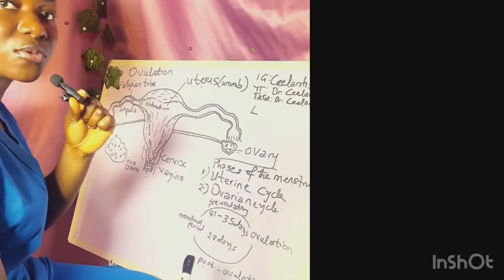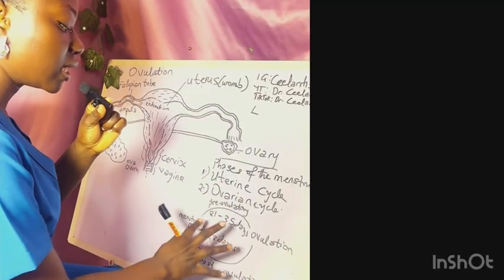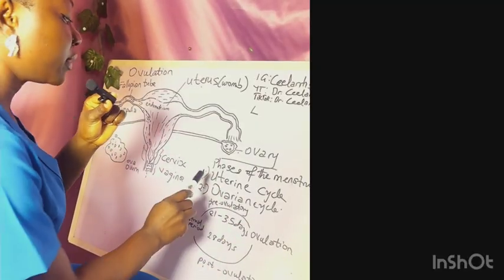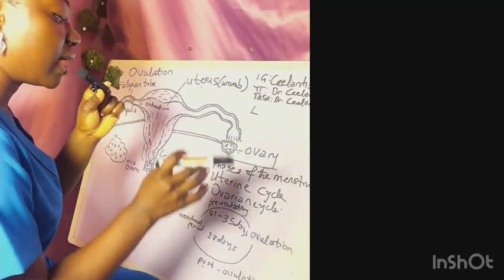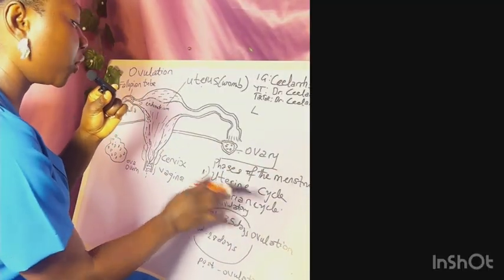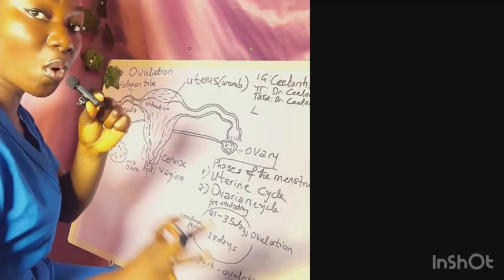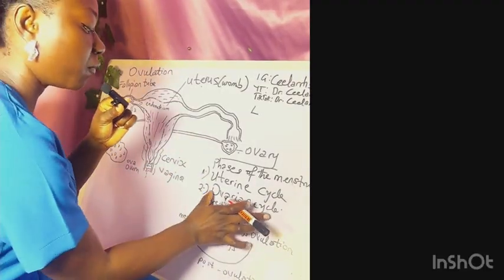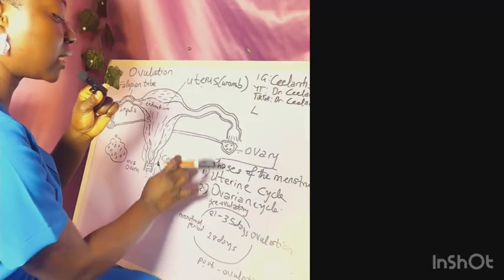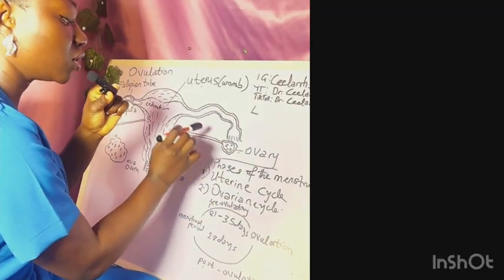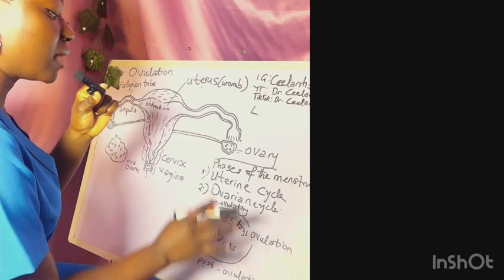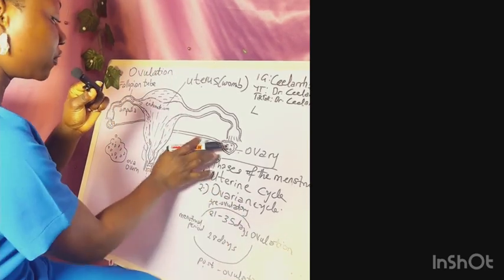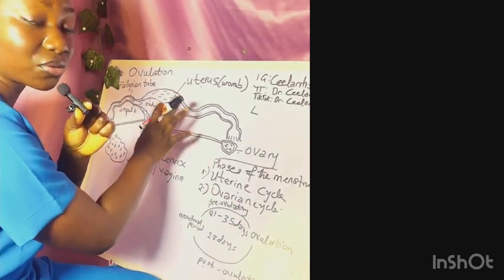Now let's go back to our two major cycles. Let's see how this will be explained. Now the uterine cycle, as I said, they are the changes that occur in the uterus or the womb during the menstrual cycle. Okay, and the ovarian cycle are those ones that happen in the ovary during the menstrual cycle. And we know that we have two ovaries but one uterus, right?